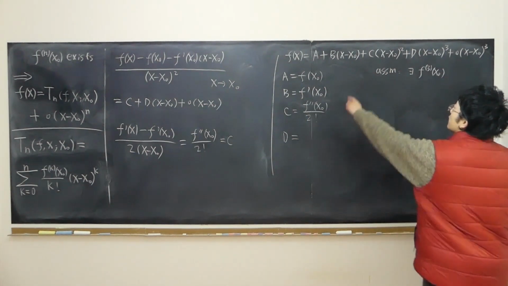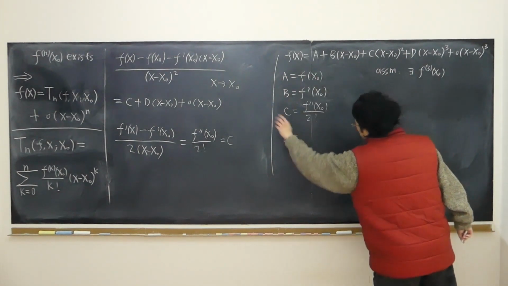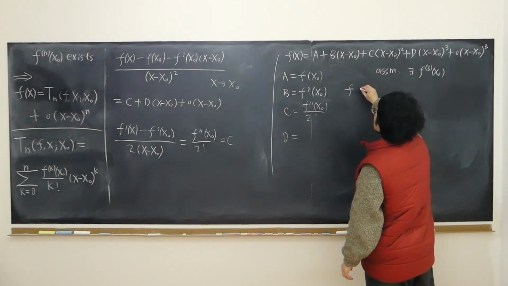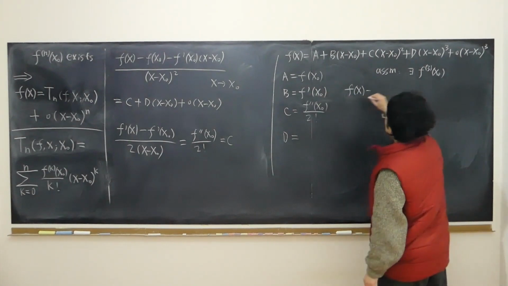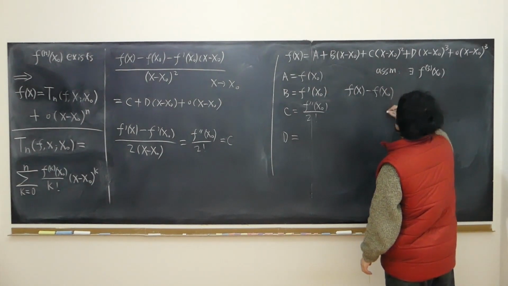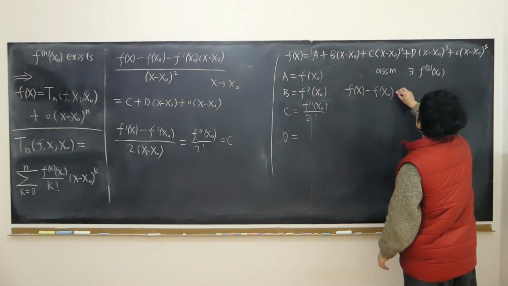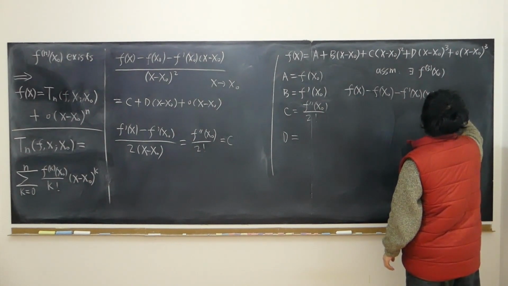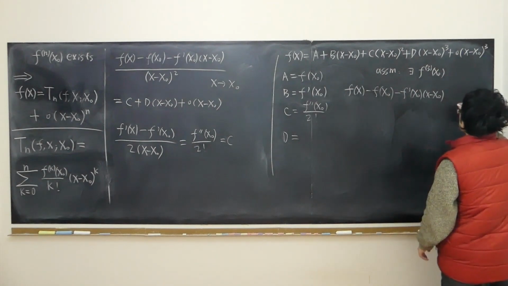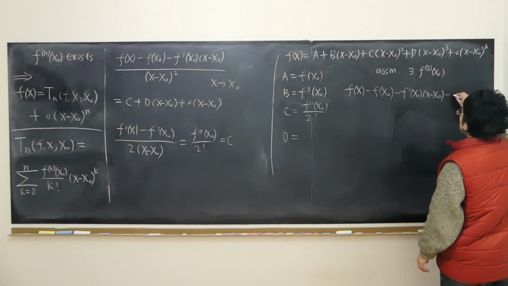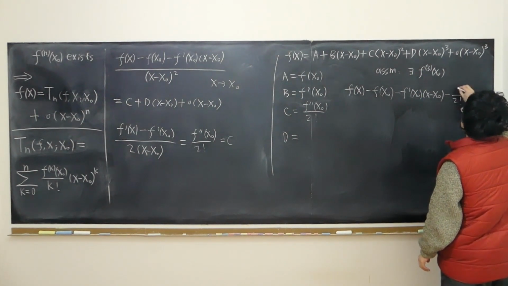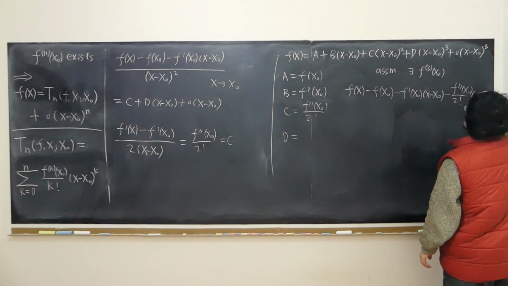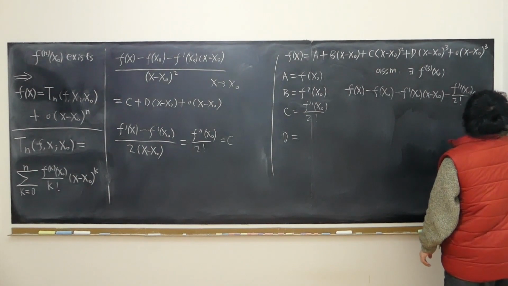Likewise, let's move this term all to the left-hand side. So f of x minus a, where a is known to be f of x naught, minus b times x minus x naught, which is easily f dash of x naught times x minus x naught, minus this term, f double dash of x naught over 2 factorial times x minus x naught to the power of 2.